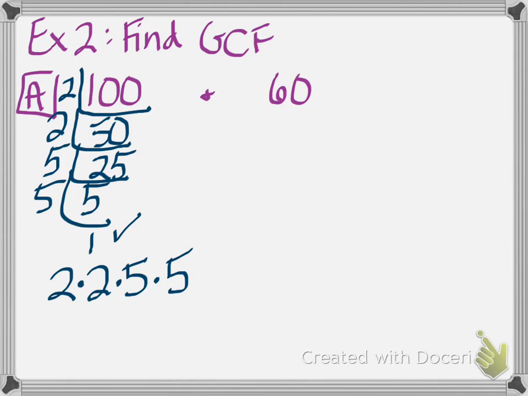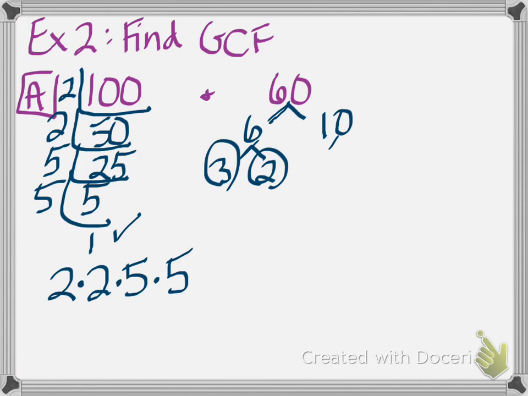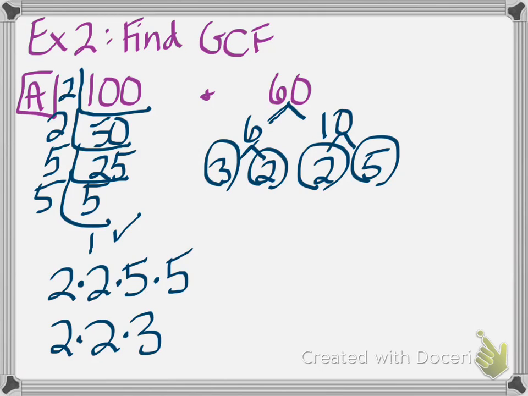For 60, let's do the same thing. I haven't done a tree yet. I'll show you or remind you what the tree is. That would be 6 and 10. 6 splits. Those are prime. 10 splits, and both of those are prime. So 60 is 2 times 2 times 3 times 5. Now the GCF is everything that's in common.